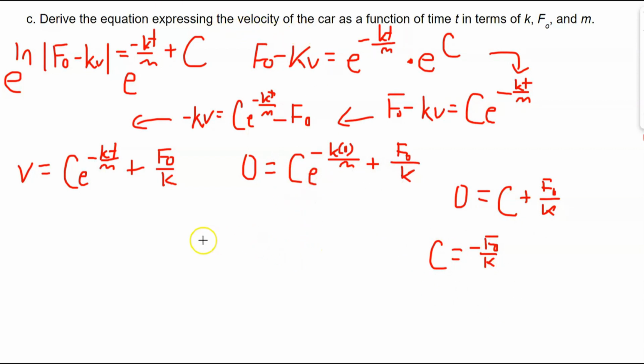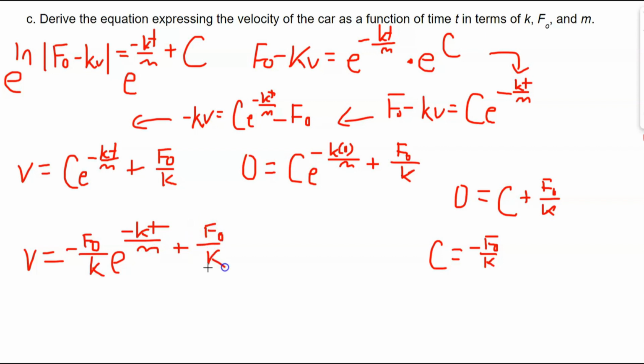So we're going to go back to our expression and we're going to finalize it. And now that we know c, we can finally just plug it back into our v expression we found earlier, and we get our final answer of v equals negative f sub naught over k times e to the negative kt over m plus f sub naught over k.